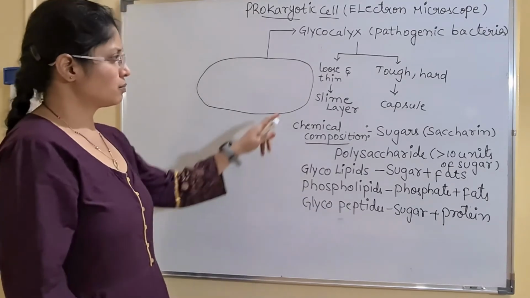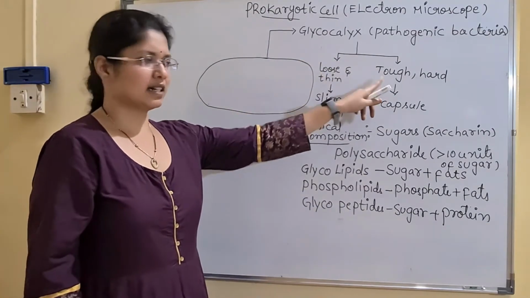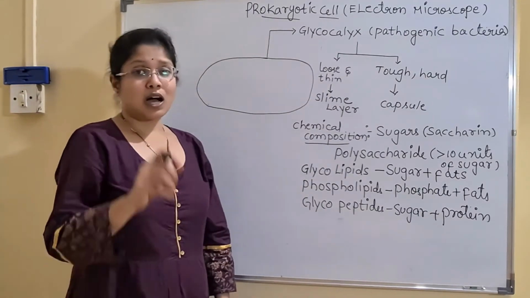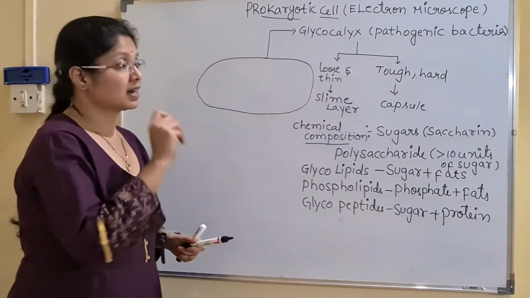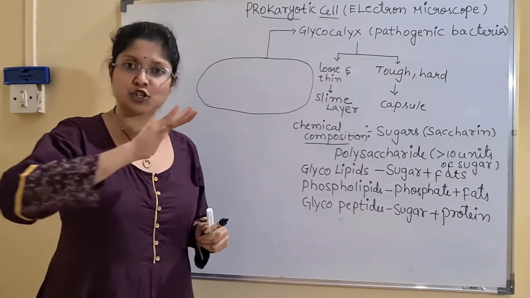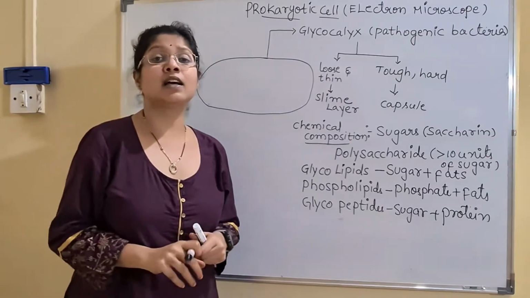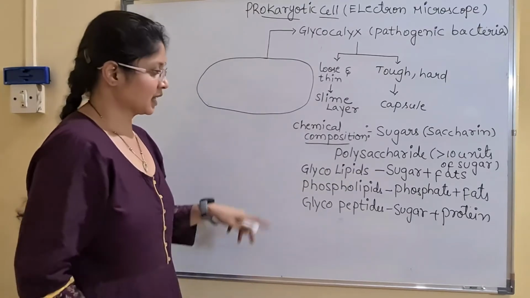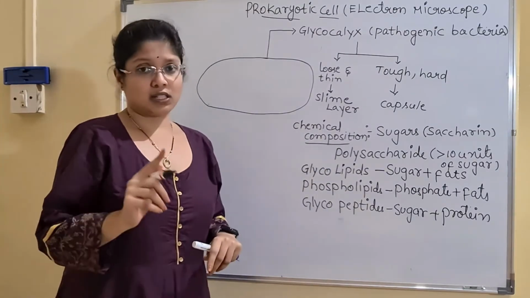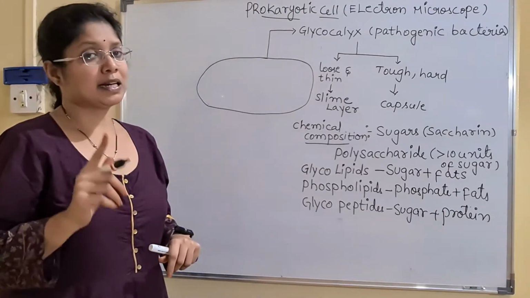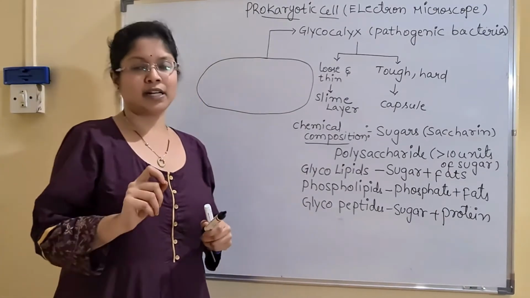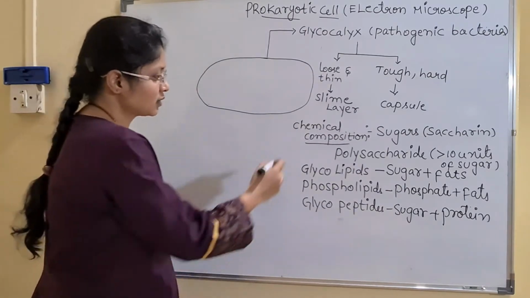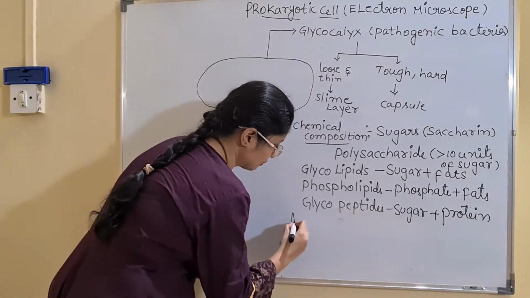Both the consistency and the chemical composition are different. Glycocalyx is a highly variable structure. It is not conserved, not constant. From bacterium to bacterium, it changes. The change in chemical composition is mainly dependent upon the external environment, the medium in which it is growing.